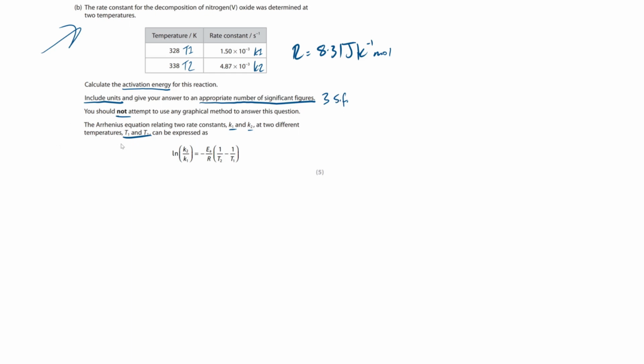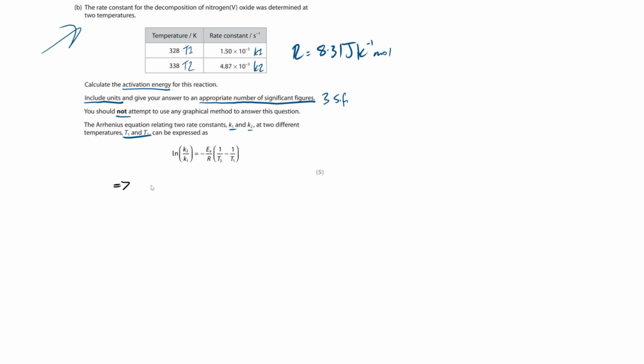And then, so hopefully your rearranging abilities are pretty up to standards here. So what I'm going to be doing is just rearranging this. So if we want to get our activation energy, ultimately we have to make our activation energy the subject of the equation. So what I'm going to do first is just take our R constant, our gas constant, to the other side of the expression.